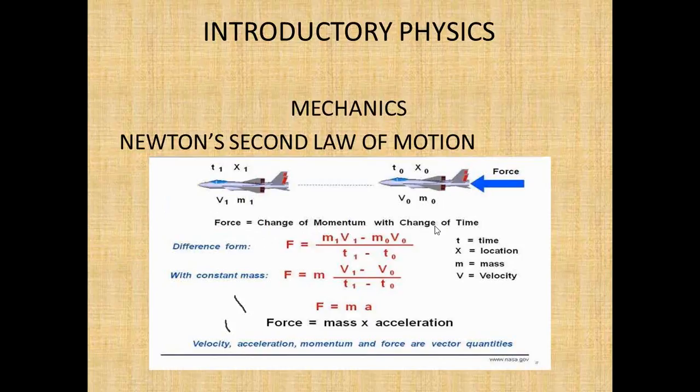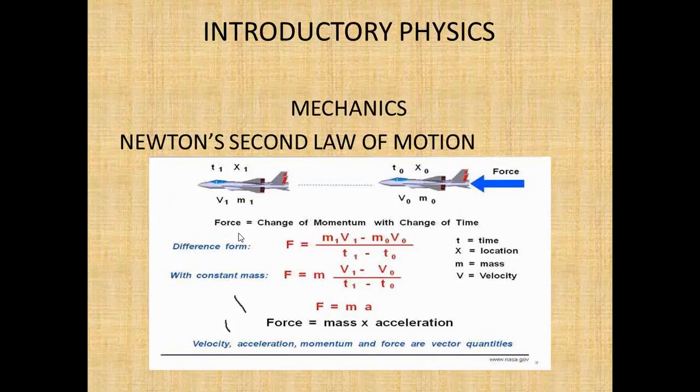That's actually what he said. But when you look at the change of momentum with change of time, it actually equals the mass of the object times the acceleration that the object achieved. So let's look at the classic definition.